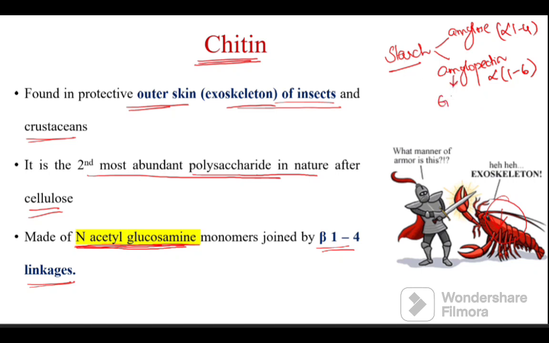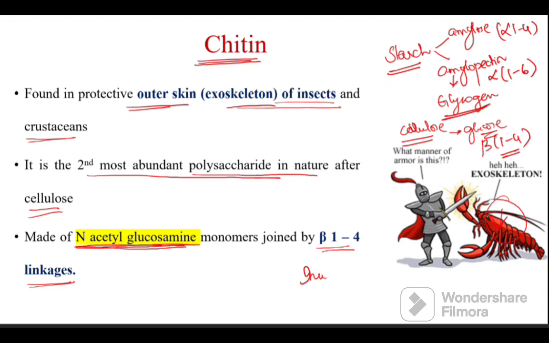Similar to amylopectin, there is glycogen, which is a highly branched structure. And then we have cellulose. Cellulose is not branched, it is a straight chain structure of glucose units, but these are joined together by beta-1,4 linkages instead of alpha-1,4.